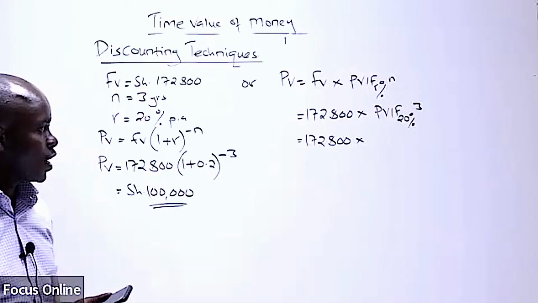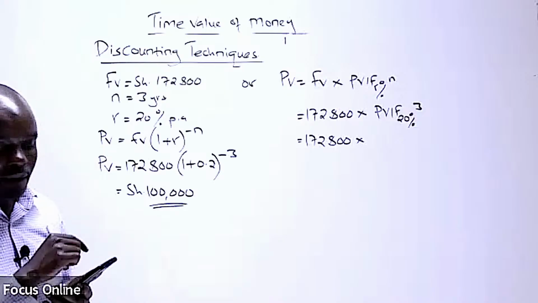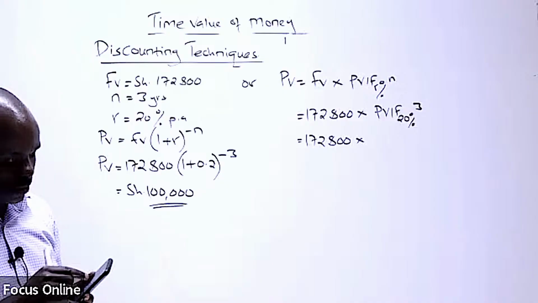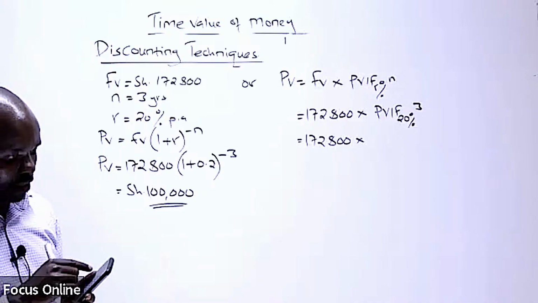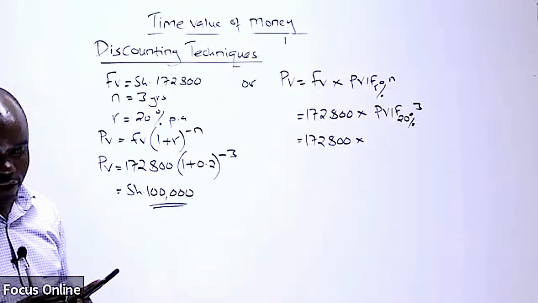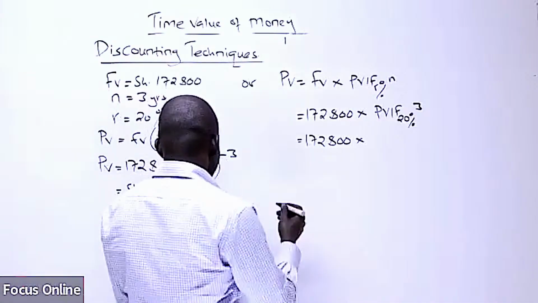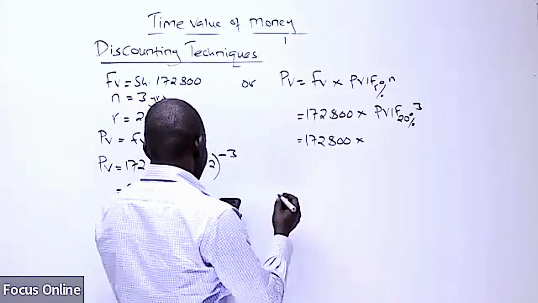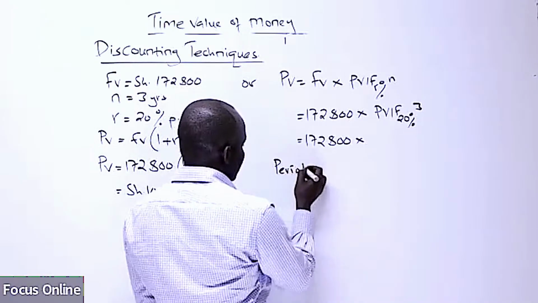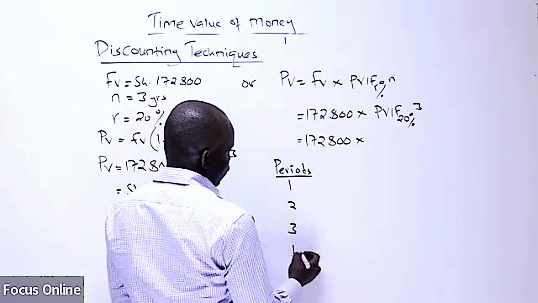In table 1, the first row has percentages, and in the first column we have periods: 1, 2, 3, 4.